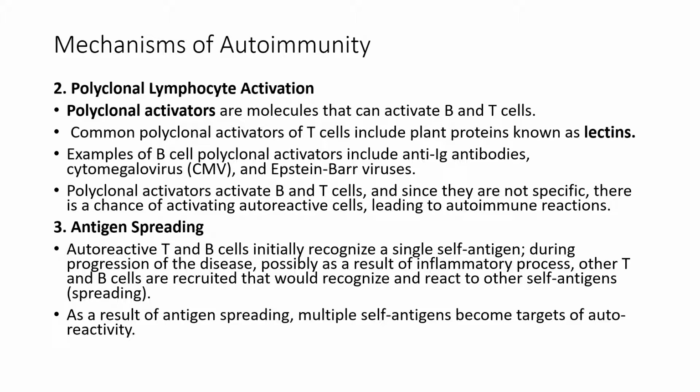Third is antigen spreading, and that's when you have a process going on throughout a disease where the inflammatory process is recruiting the T and B cells repeatedly, and as a process there can be some cross reaction, and then that usually ends up with multiple self antigens being recognized, not just one.